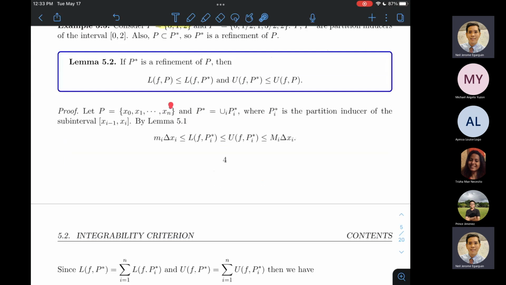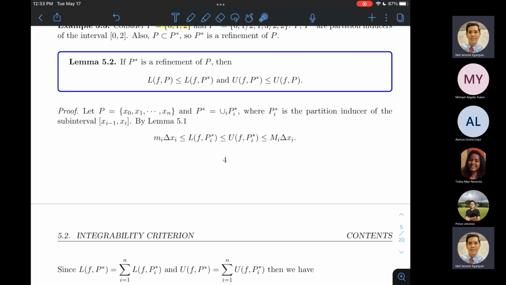So nag-start ako kay partition P. Okay? Tapos, nagawa ako ng partition inducer. Okay? Nagkaroon ako ng refinement kay P and I called it P star. Paano ko din-define si P star? Kinonsider ko yung mga P sub I stars. Ang nangyari lang dito ay, nagsingit lang ako dito ng panibagong partition inducer. Okay?